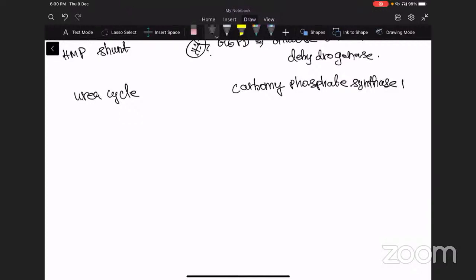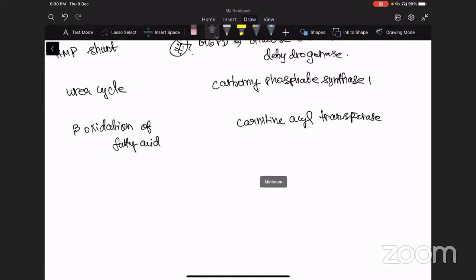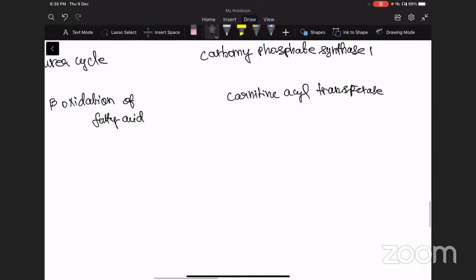In lipid metabolism, we have beta oxidation of fatty acids, and the rate limiting step is carnitine acyl transferase.